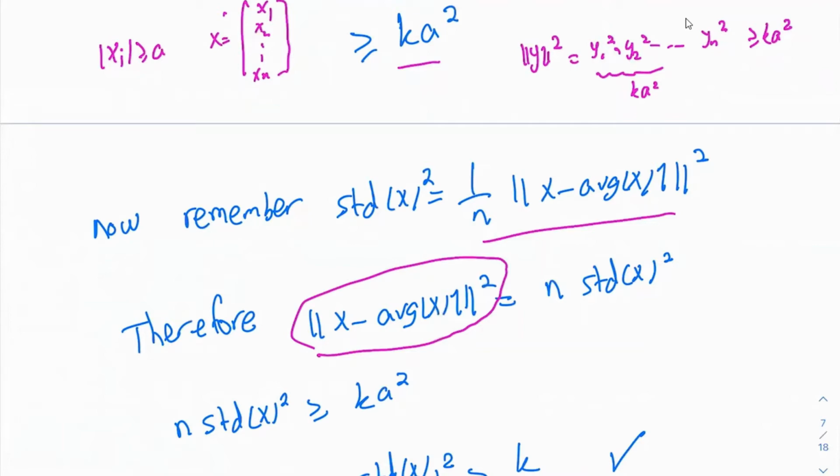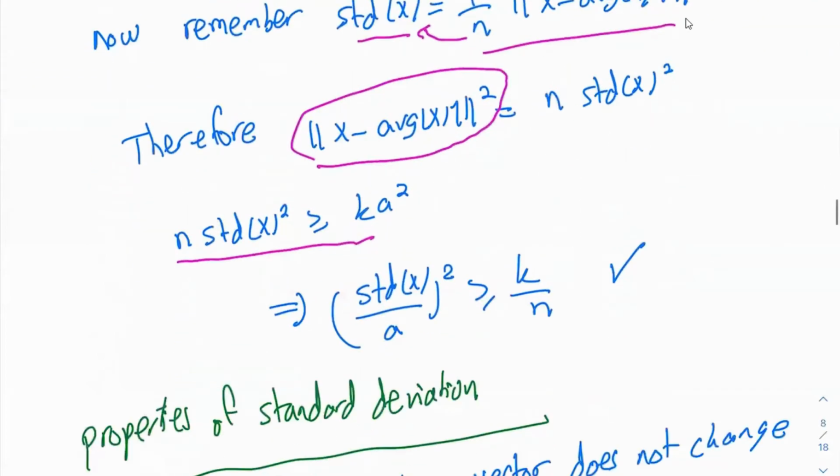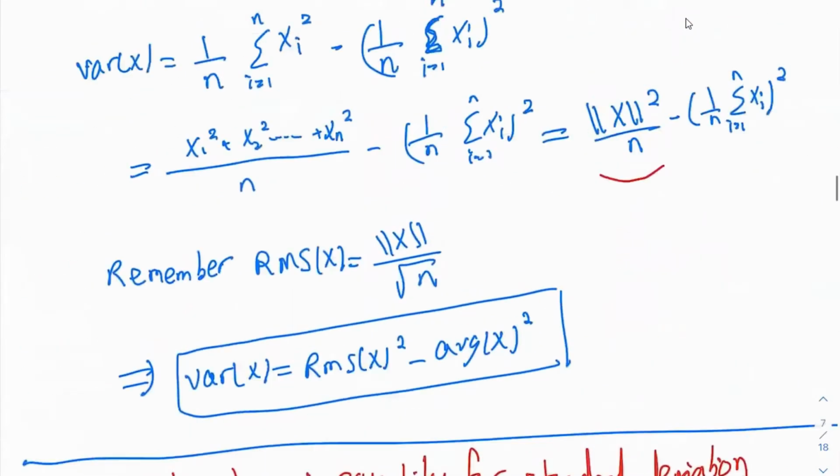Why is that? You just multiply both sides by n, so that you get this. So in a sense, n times the variance of x is greater than or equal to ka squared. And then after manipulation, you get this one.